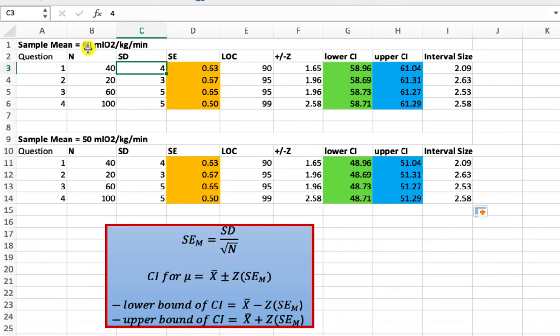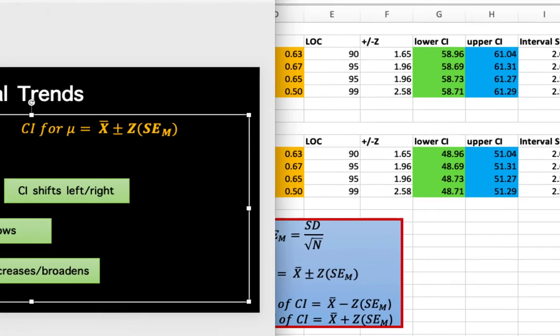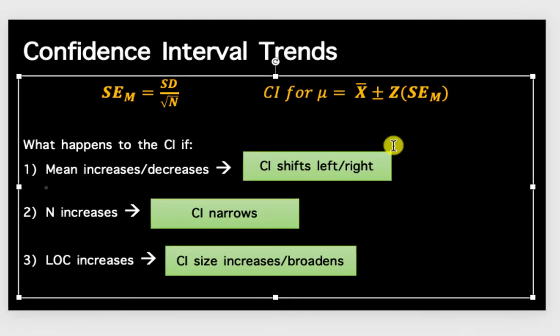So just changing the mean is going to change our interval left to right, but will not impact the size of the interval. When we increase our sample size, that's going to narrow our confidence interval and make it more precise. The boundaries are going to get closer and closer together, and we have a better pinpoint of where our population mean would actually exist based on our sample data.